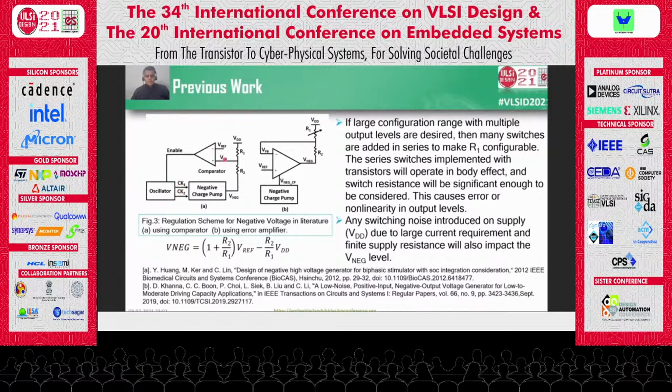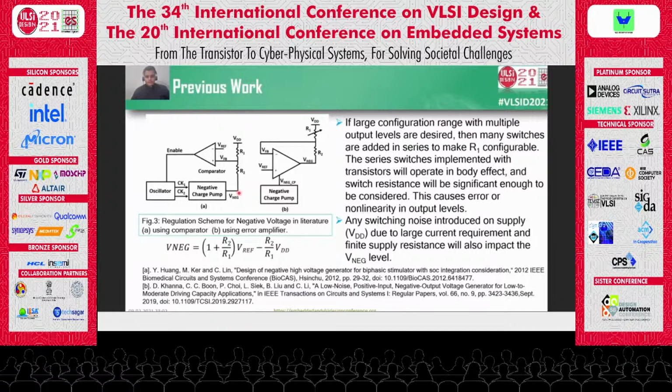The advantage of this architecture is it is very simple, but the main disadvantage is that the ripple at VNAG will be very high because it is coming directly from negative charge pump. To reduce the ripple at VNAG, we require a very high value of load capacitance, which will result in higher area.